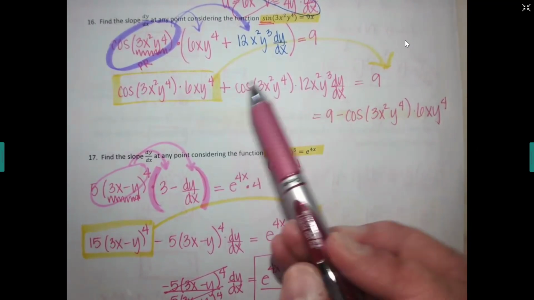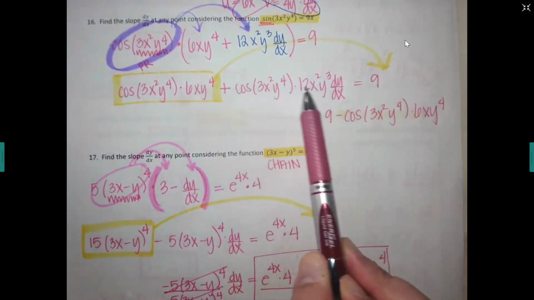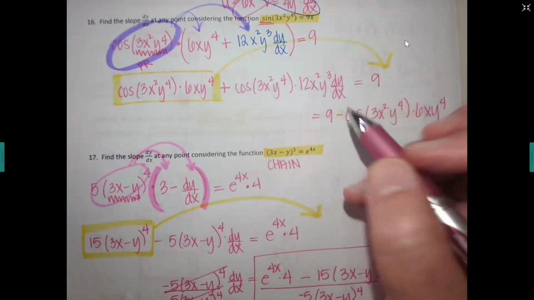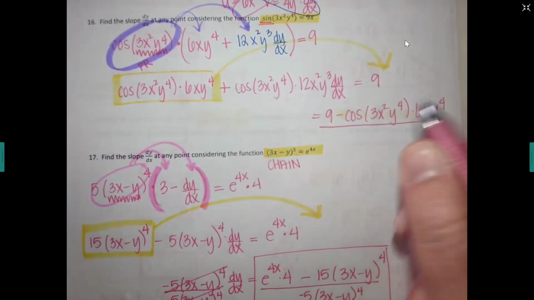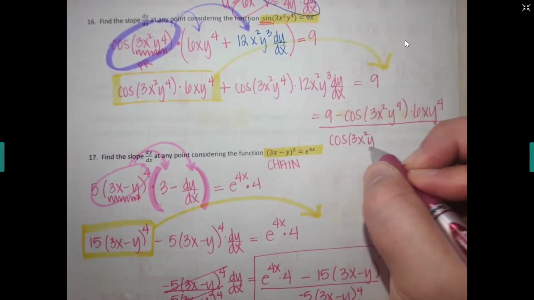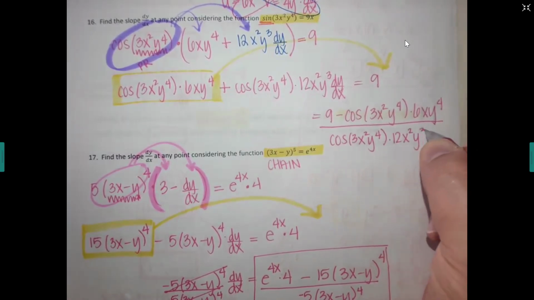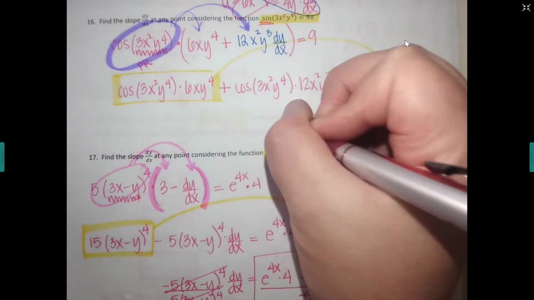And then after I push this term across, all of this junk is going to end up divided to the bottom. So your final answer would be like this. And then your dy dx would just stay.